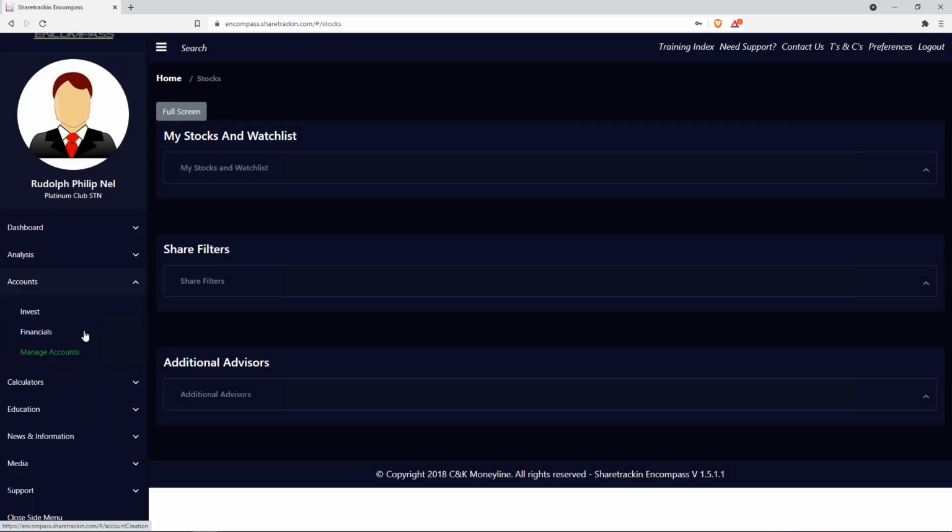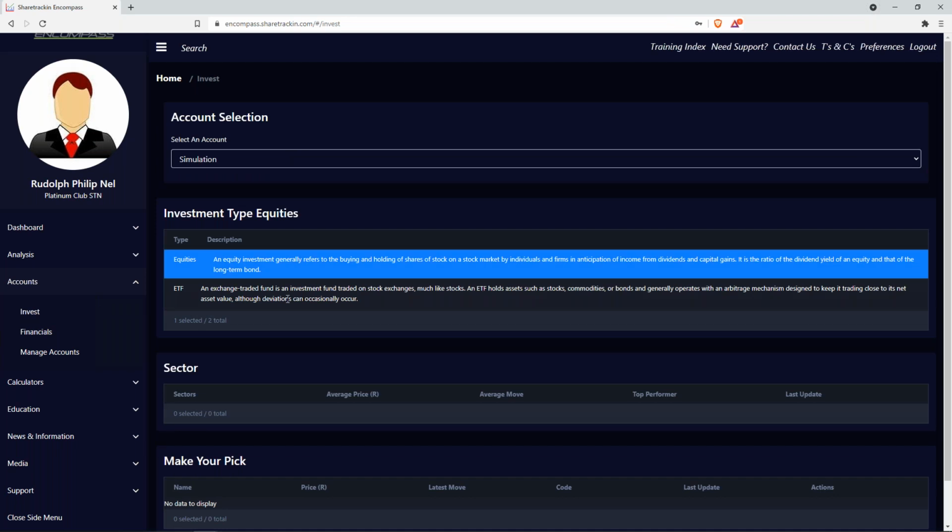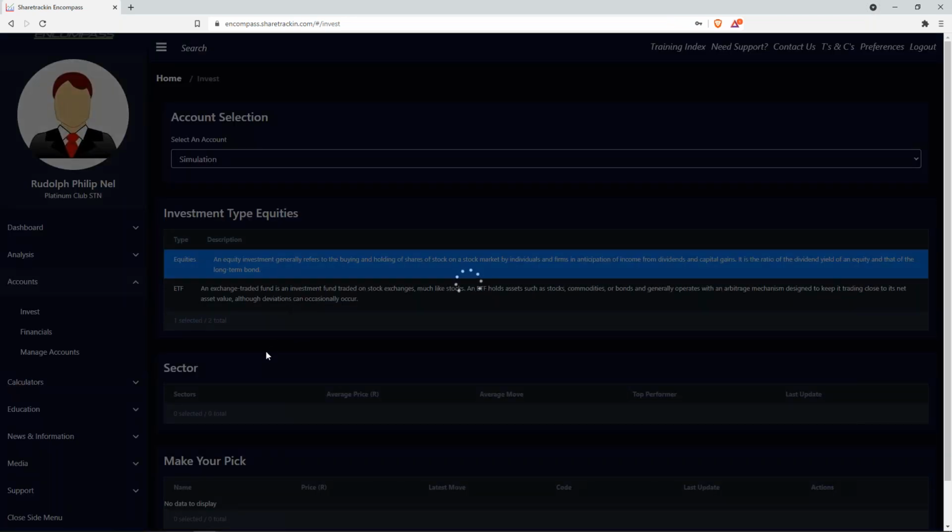Then underneath accounts, you've got your invest option. You don't need to use the invest option from here. It's much easier to go to the stocks page, do your filtering, select the share, click on it and just say buy shares. But you can go to invest from here and filter. For instance, if I want equities, I would click on equities, then select the sector, and in the sector I would need to search for that certain stock.